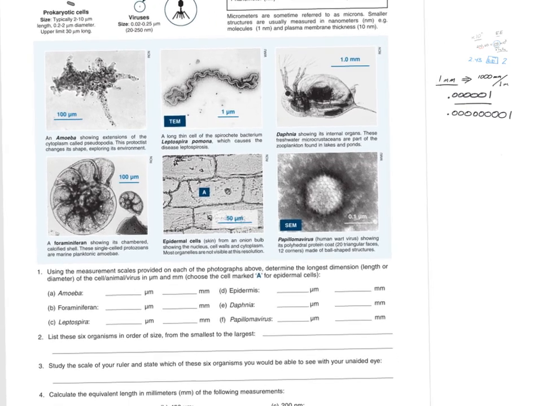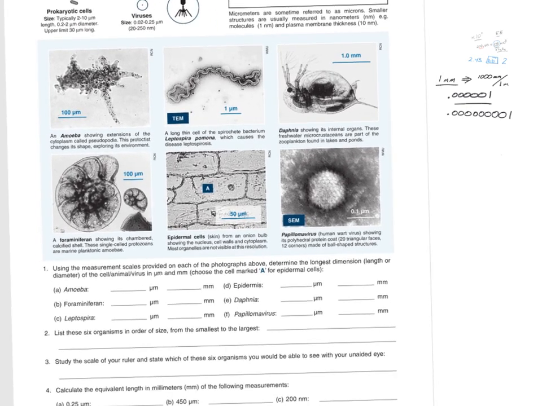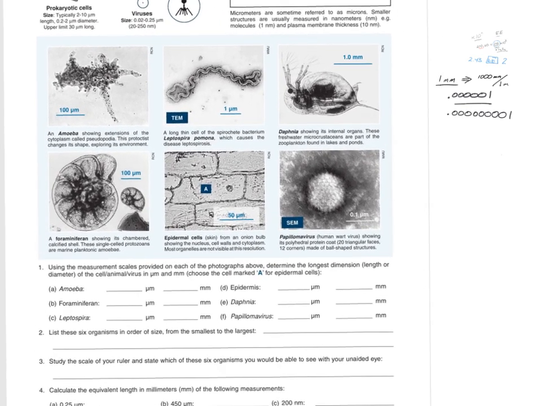You have an activity here you're going to need to use a ruler for. You're going to measure. Look at this. Which one of these is biggest? The Daphnia? Why do you think it's Daphnia? Look at them and tell me which is biggest. Make a guess. You think this one's the biggest?